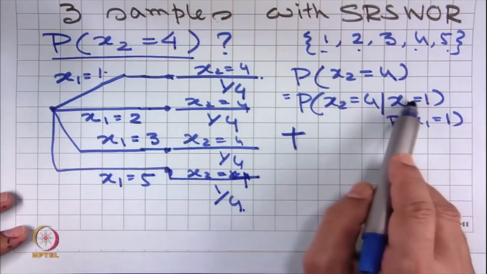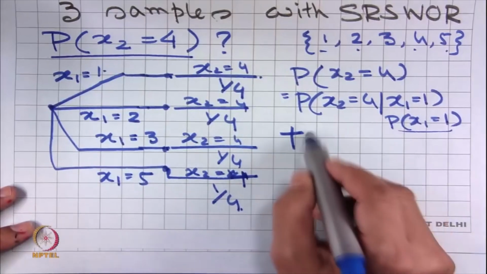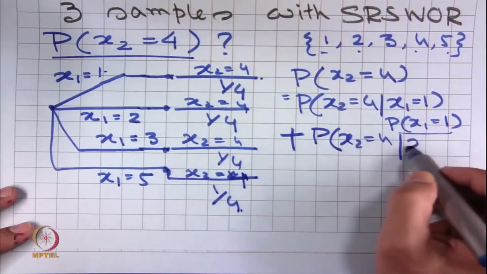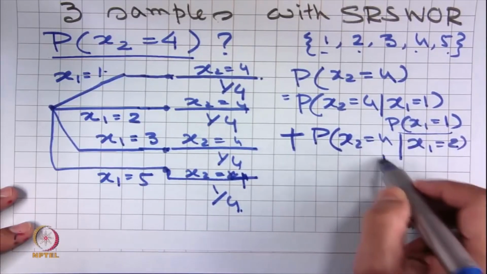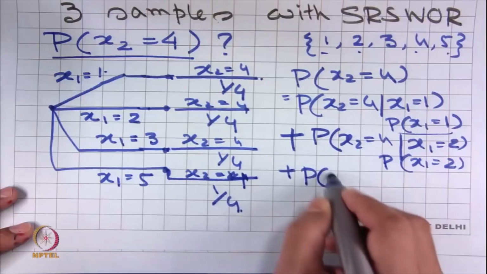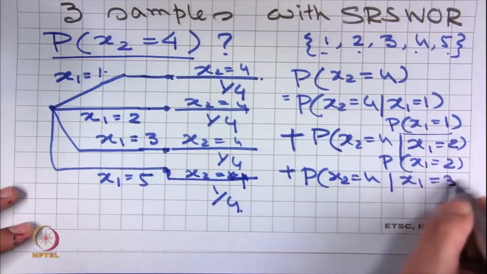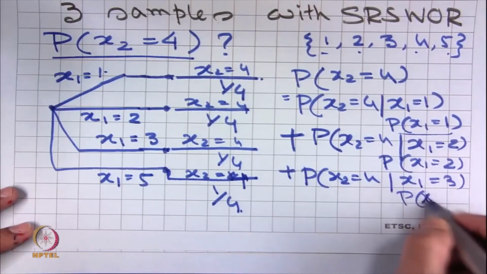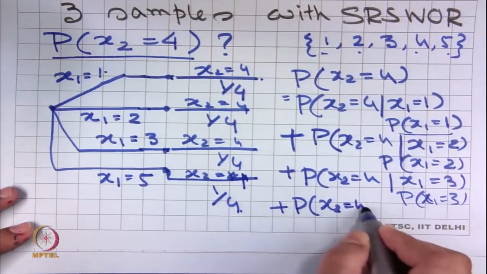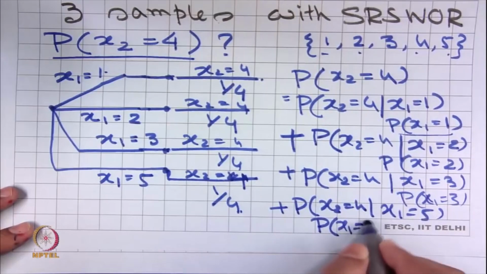second sample is 4 given that the first sample is 1, multiplied by the probability the first sample is 1, plus probability x 2 is equal to 4 given x 1 is equal to 2 into probability x 1 is equal to 2, plus probability x 2 is equal to 4 given x 1 is equal to 3 into probability x 1 is equal to 3, plus probability x 2 is equal to 4 given x 1 is equal to 5 multiplied by probability x 1 is equal to 5.